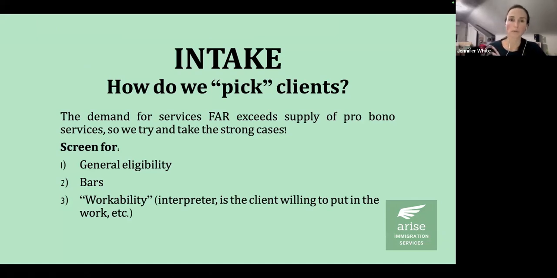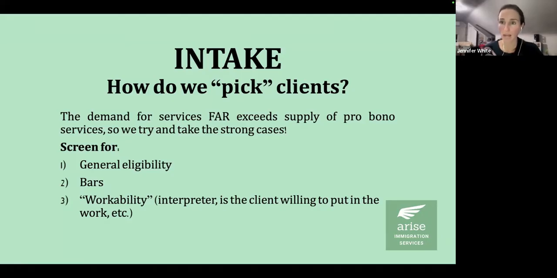For example, we did an intake maybe 2 months ago, and I thought it seemed like a really strong religious persecution case. The gentleman was from, I don't remember the country in Africa, but it was somewhere experiencing a lot of persecution of Christians.